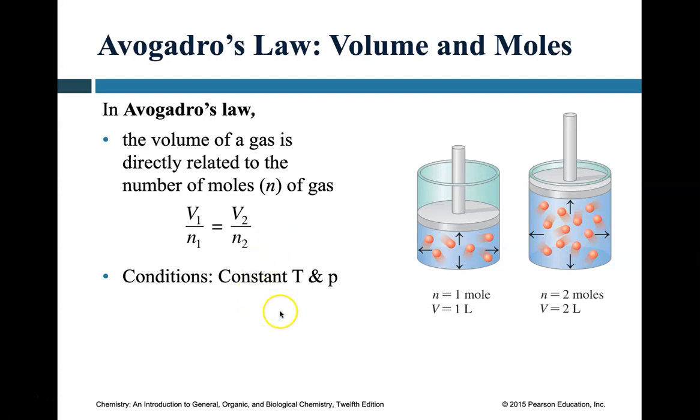Like the other gas laws we saw, we have to indicate our conditions. For Avogadro's law to hold true, the temperature and the pressure must remain constant. It might be helpful to remember that Avogadro's law is named for the same person Avogadro's number is named after. Avogadro was responsible for introducing the concept of moles.